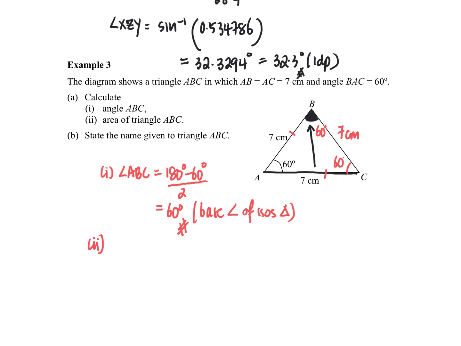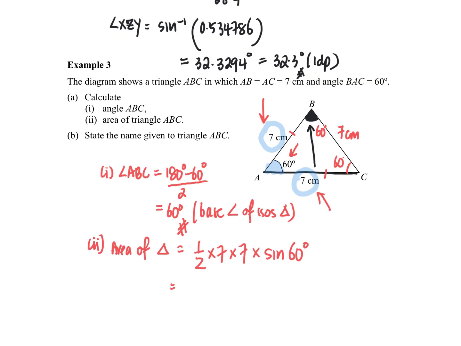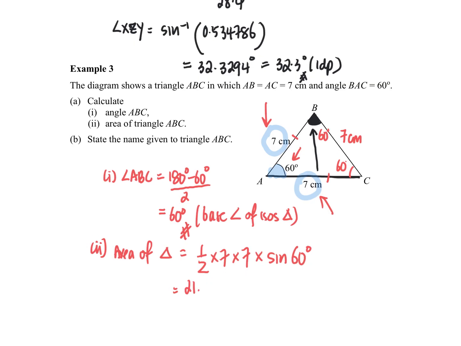Or this one, or even this one. So in fact, all three are known to you. You can use any of the vertices. So if I pick this angle, you can use the area of triangle formula: half A B sine of the included angle in between. So what's the answer? Is it a nice answer? No, right? 21 point. Give me more decimal places first.